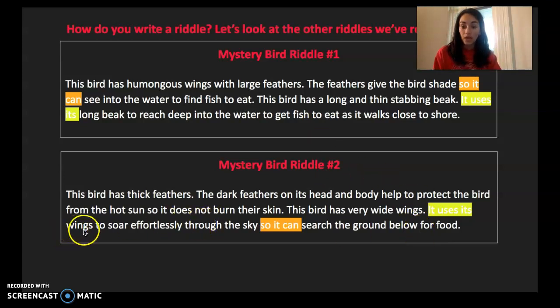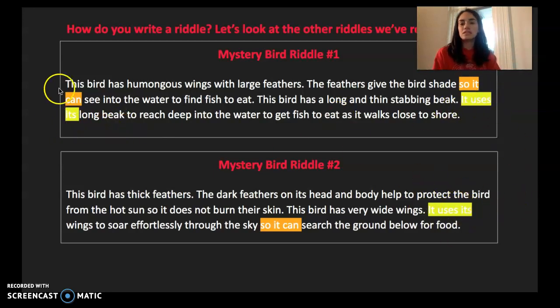It uses its wings to soar effortlessly through the sky so it can search the ground for food. So again, the wings help it flow through the sky so it can search the ground. It's telling us what the job of those body parts are. And it also says "it uses its" in both.